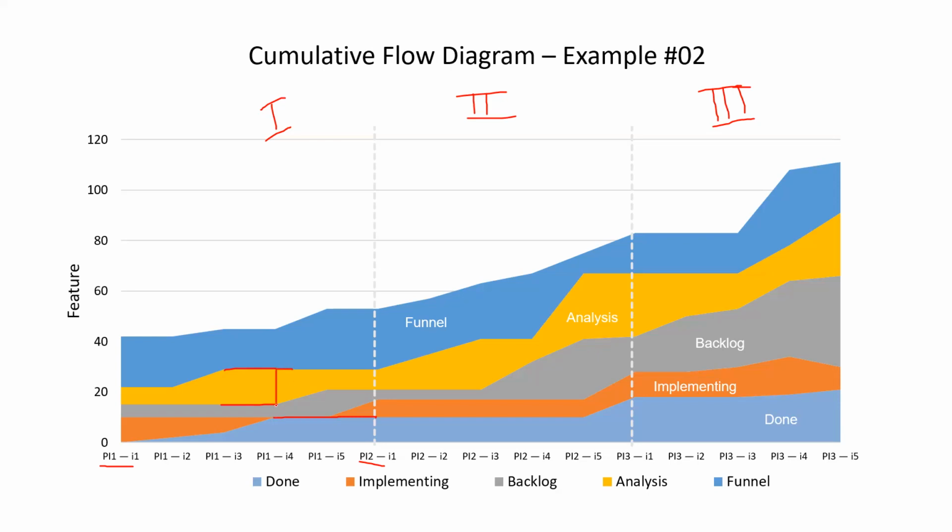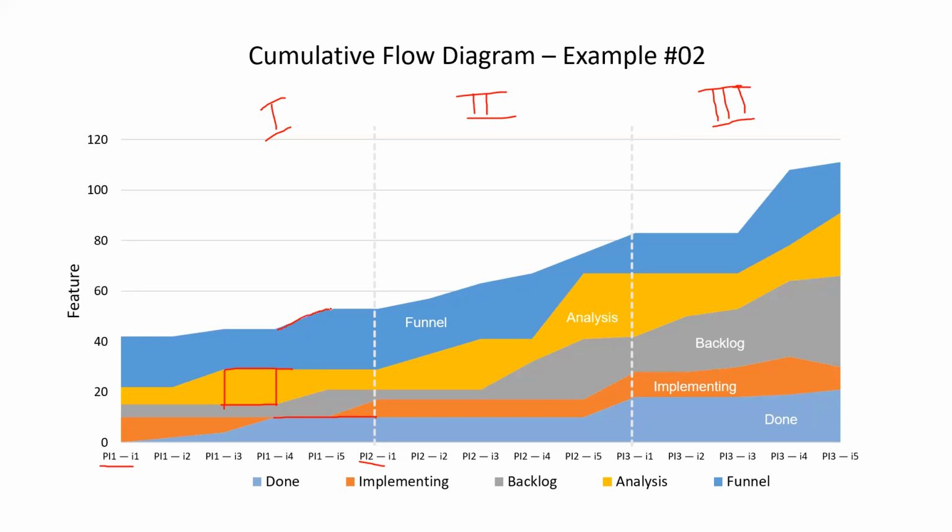This stage, the analysis is flat. Well and good. And what else? Features have increased from PI4 to 5. Yes, features got increased.